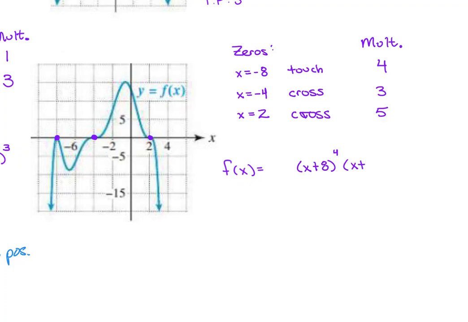We're going to turn that into a factor of x plus 4 with an exponent of 3. And my last one is going to be x minus 2. We have x equals 2. As a factor, that's going to be x minus 2. And we're going to raise it to the 5th power.